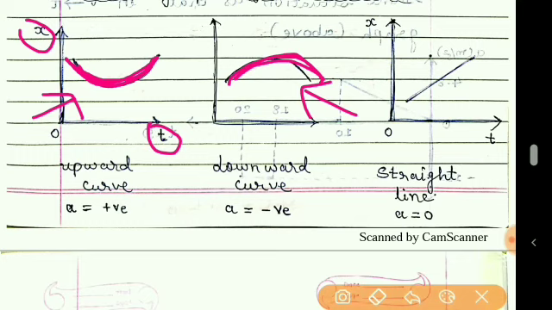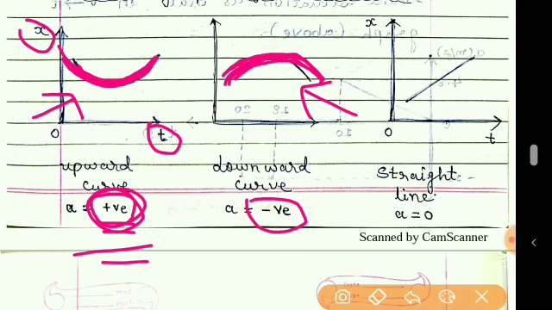So whenever the graph curves upward, at that time the acceleration will be positive, and if the curve is downward, at that time the acceleration is negative. So students, acceleration can be positive, can be negative, and it can be 0 also.